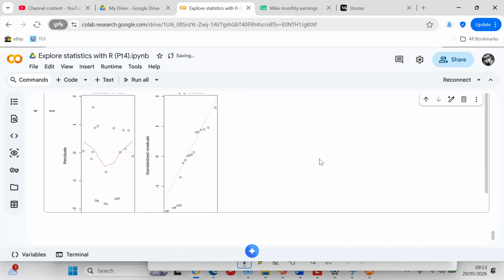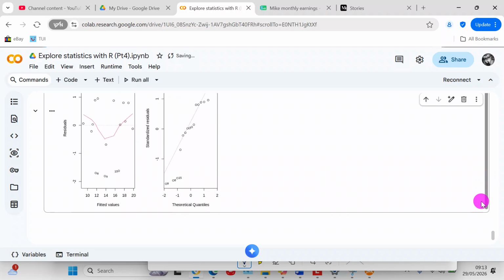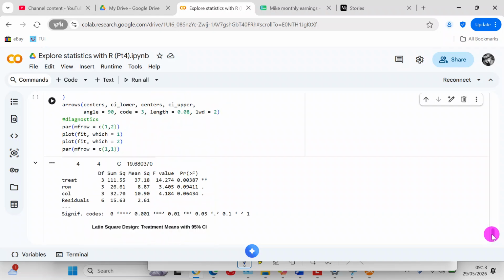Your residuals versus your fitted, and then you've got your QQ residuals based on a normal distribution. So you've got your fitted values and your theoretical quantiles, which you've made with the QQ plot.